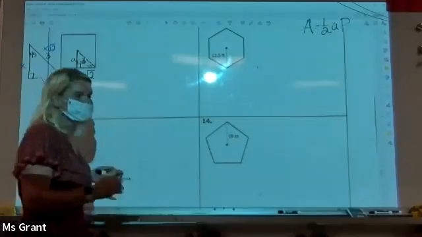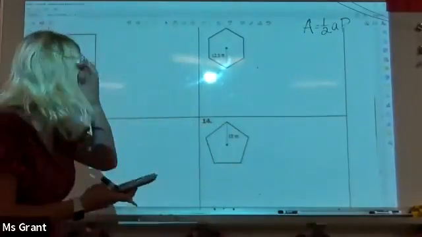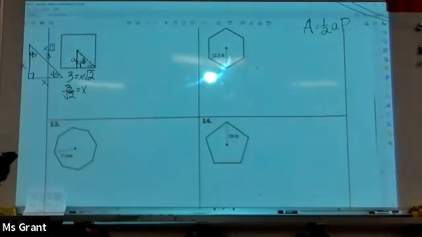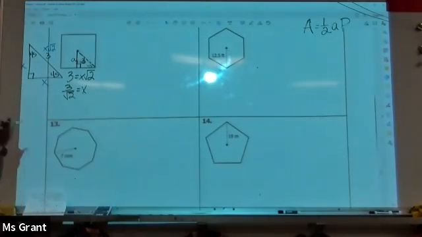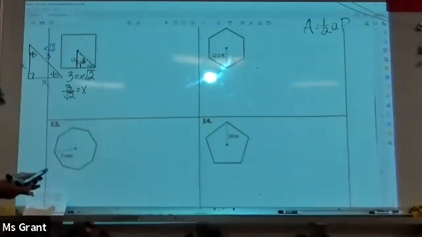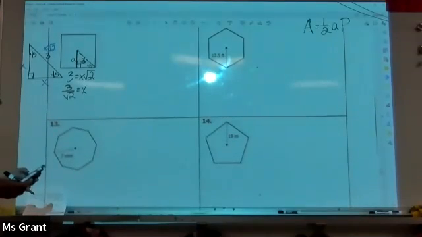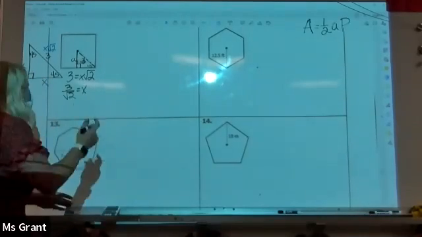Remember how I wanted us to actually get decimals this time? Yes, calculators, yes. 3 divided by radical 2 is 2.12.